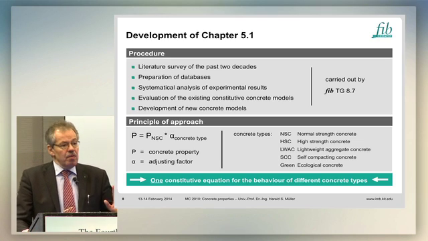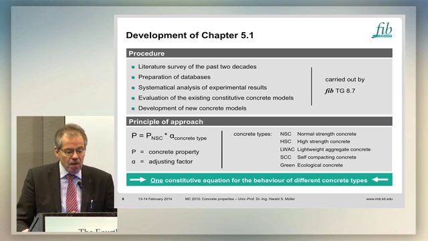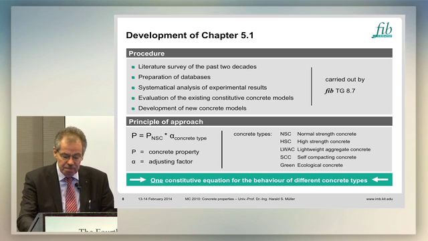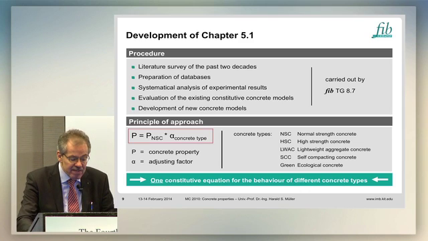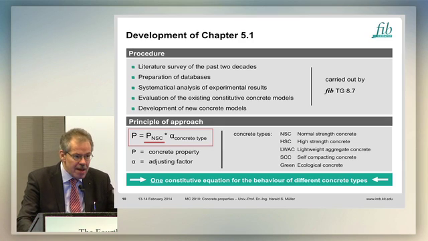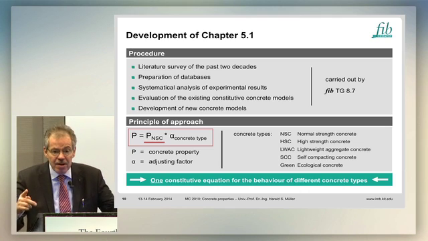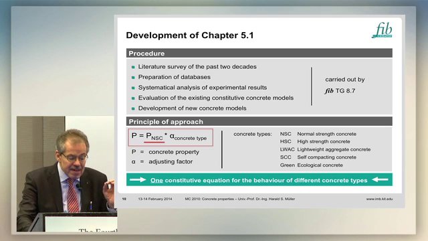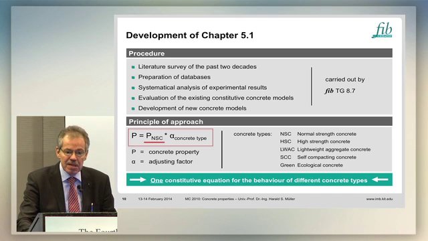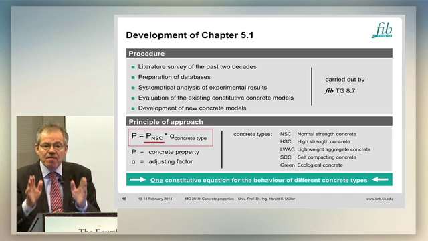And we followed through our work one principal approach. This principal approach is briefly shown here in this very simplified equation. You have the concrete property described by any type of model, and if you have a different concrete, use the same basic model but modify the coefficients within the model. So this seems to be very important.